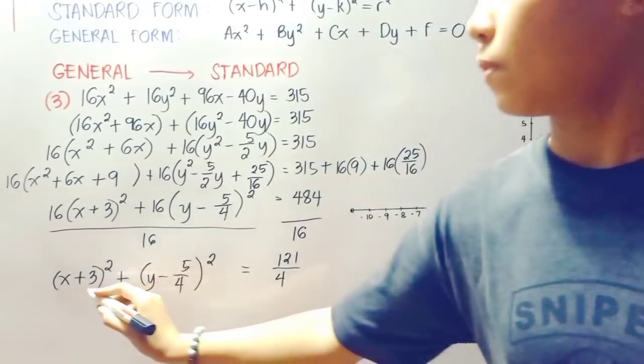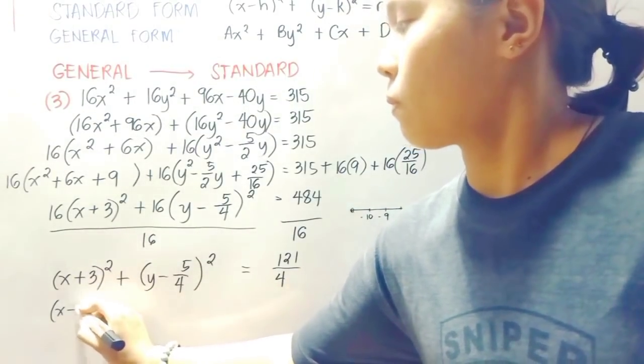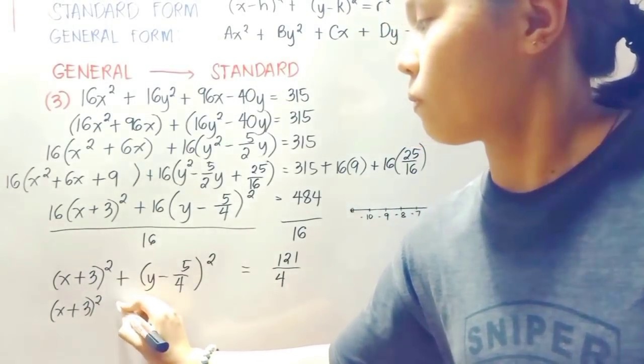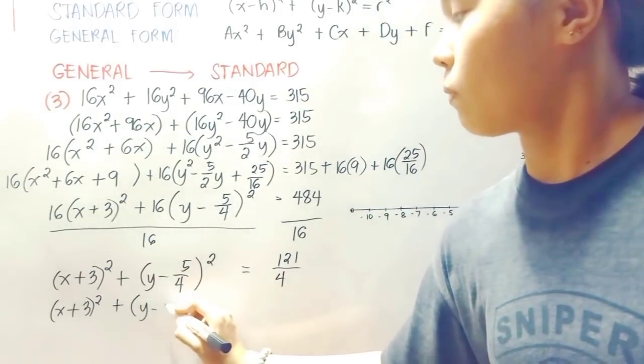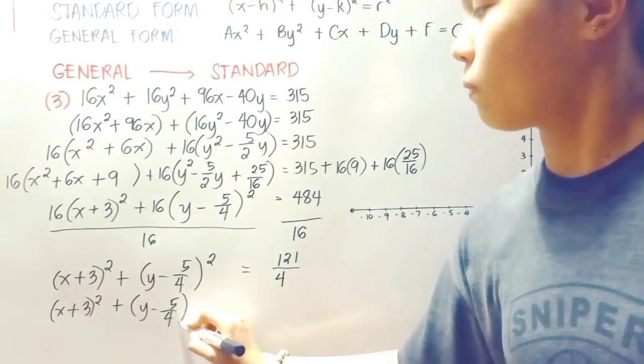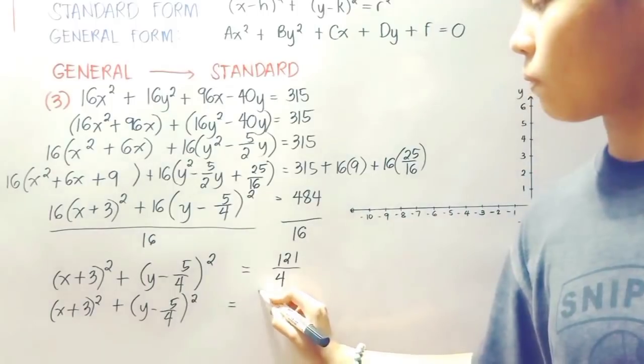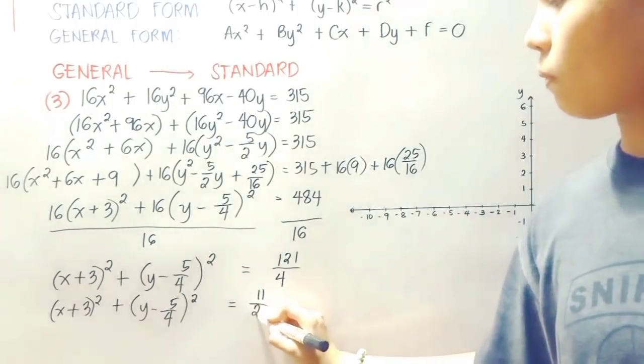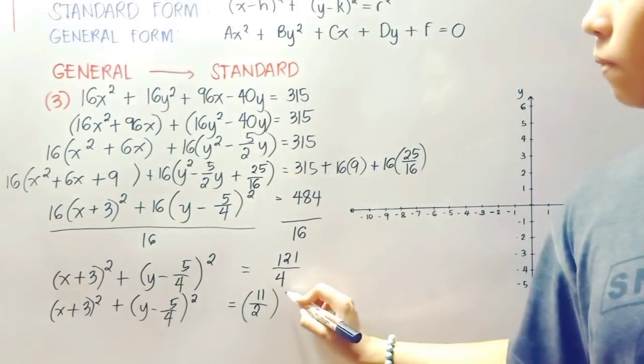Now we have to make it in r squared form, so just copy, and then this is (11 over 2) raised to 2.